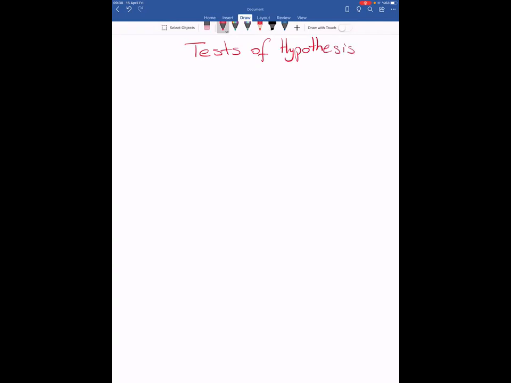So this is one type of estimation, after the point estimation and interval estimation. In those we are trying to find the exact value of the parameter using the sample information.